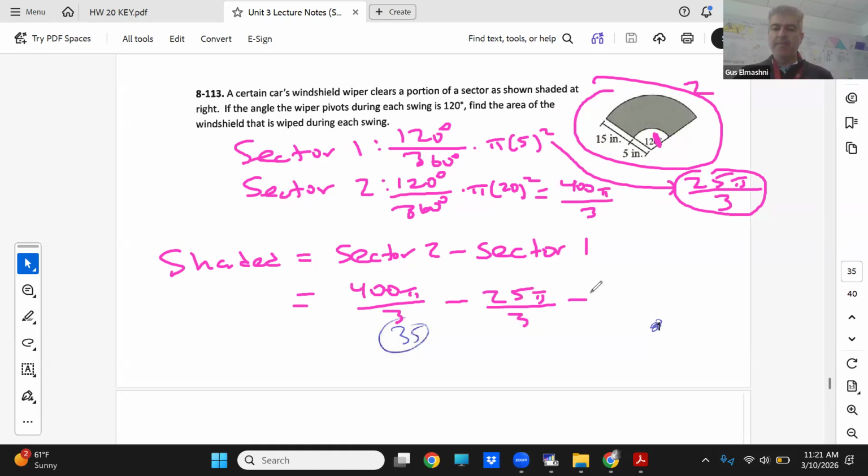So you get 375 pi over 3, and I think that does reduce. Yeah, it's 125 pi, and that's in square inches.